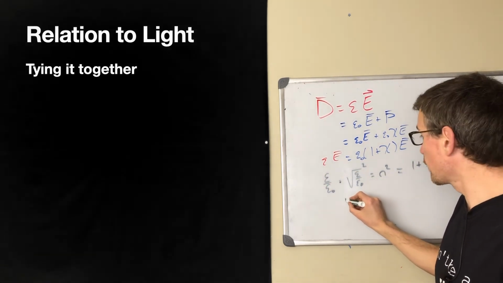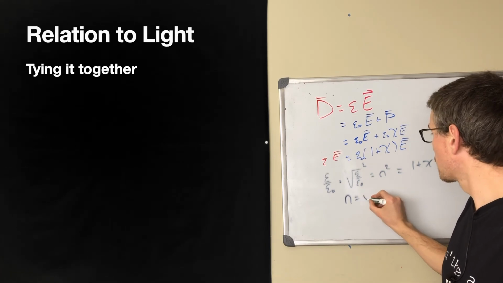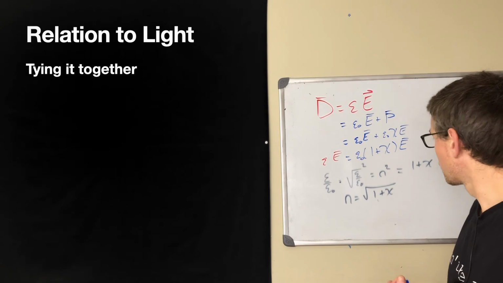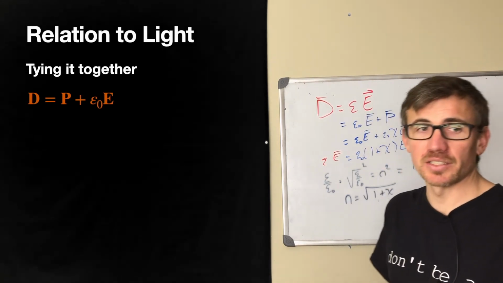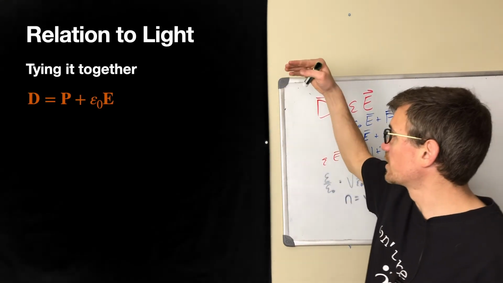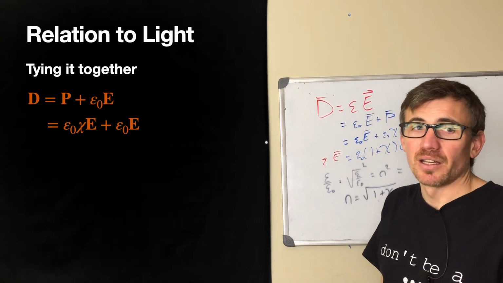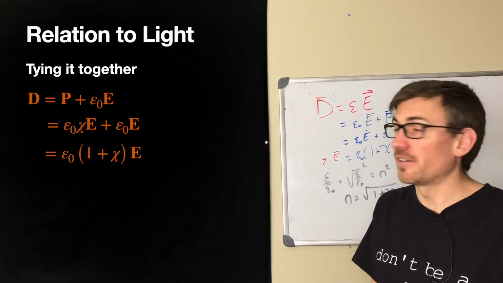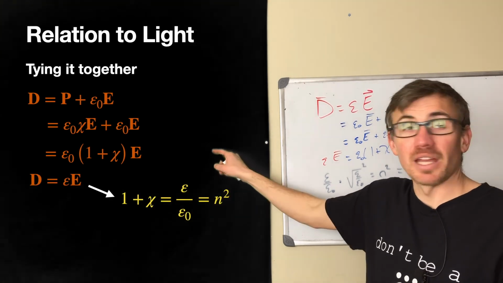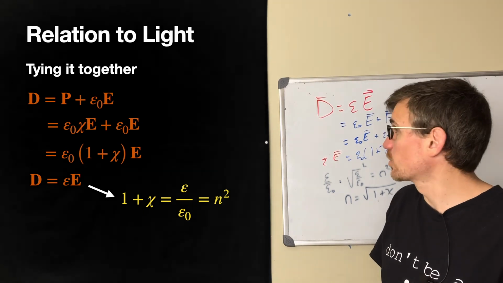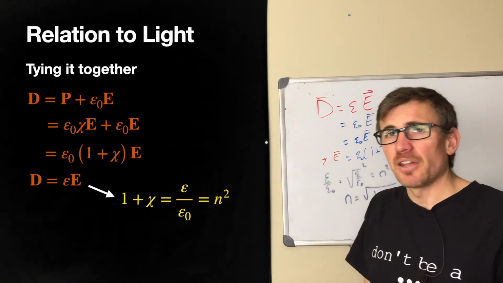So the index of refraction of a medium is equal to the square root of 1 plus chi. All right? So that's what we've done here, just to re-summarize. We've used the term that describes the displacement and used linearity, and by comparing the two of them, we get our expression for 1 plus chi in terms of the index of refraction squared. So it's the square root of it. And often it's small too.